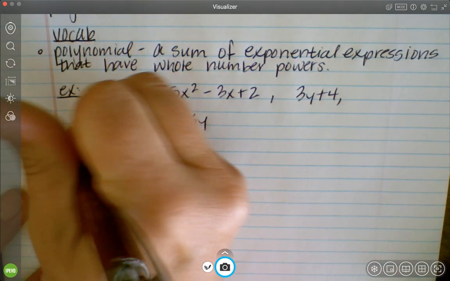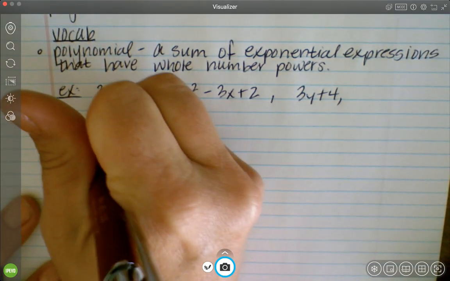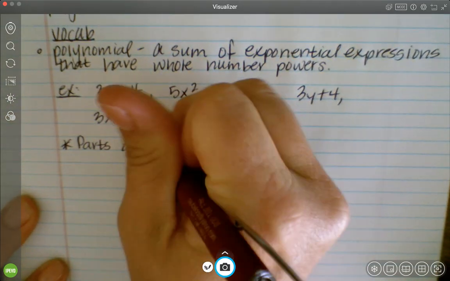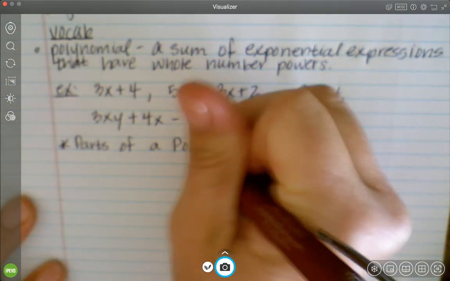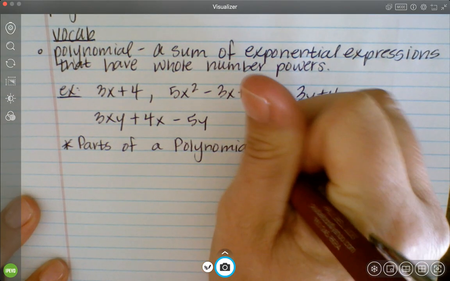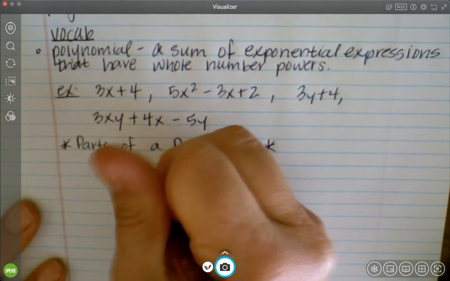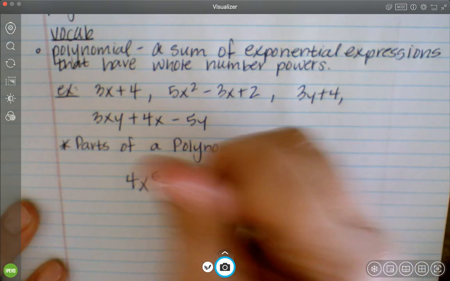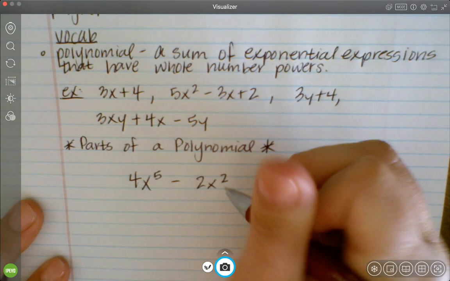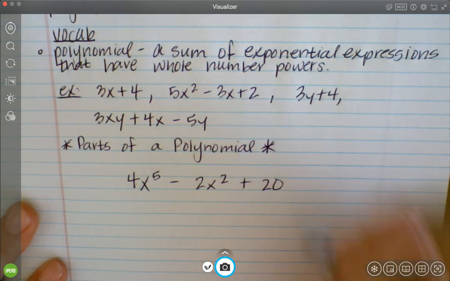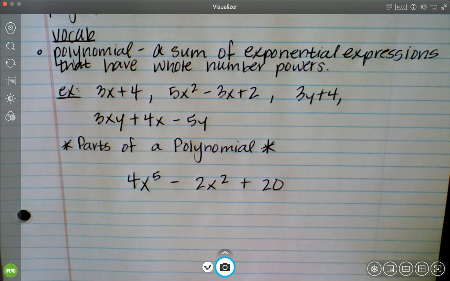Next thing I want to do is look at the different parts of a polynomial. So I'm going to use the polynomial 4x to the 5th minus 2x squared plus 20. And I want to identify these different parts.